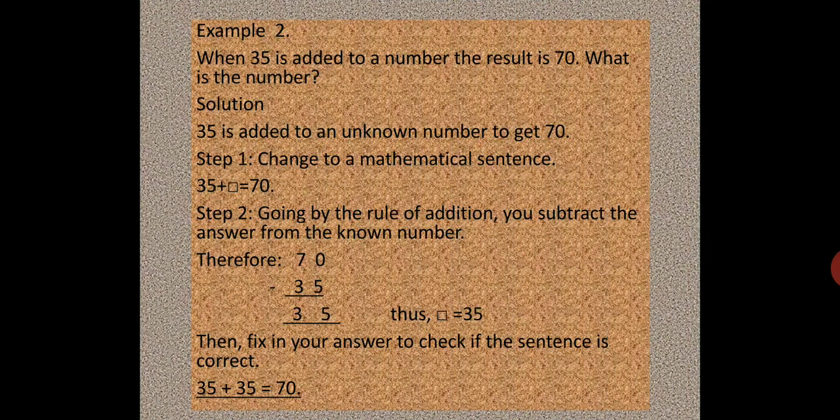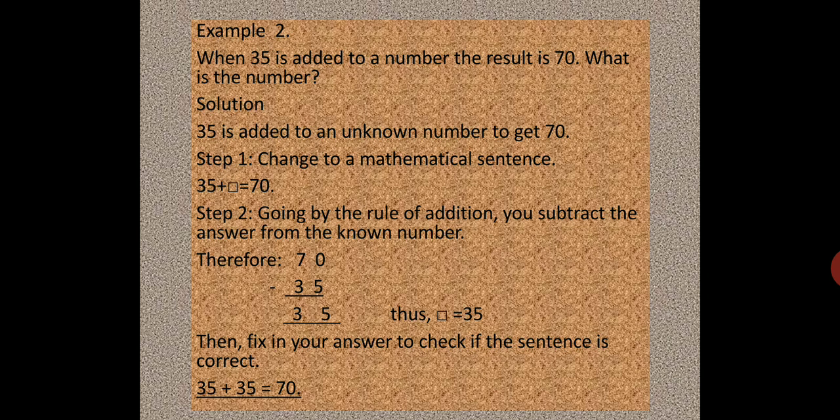Example number 2. When 35 is added to a number, the result is 70. What is the number? So here is my solution. 35 is added to an unknown number to get 70. The first thing you're going to do is what? Change to a mathematical sentence.